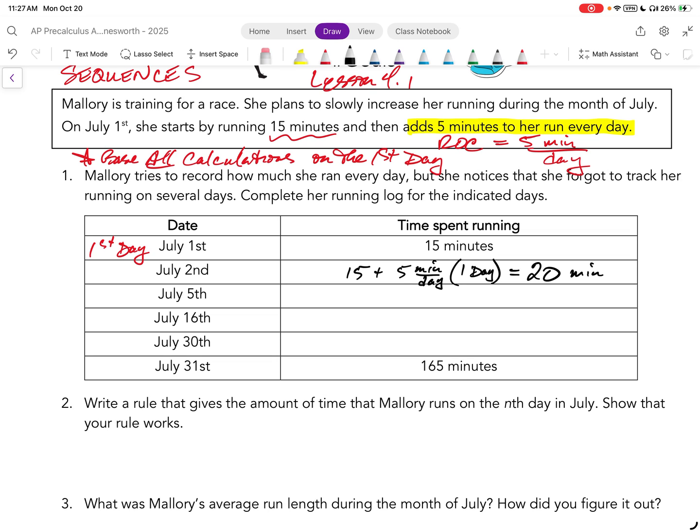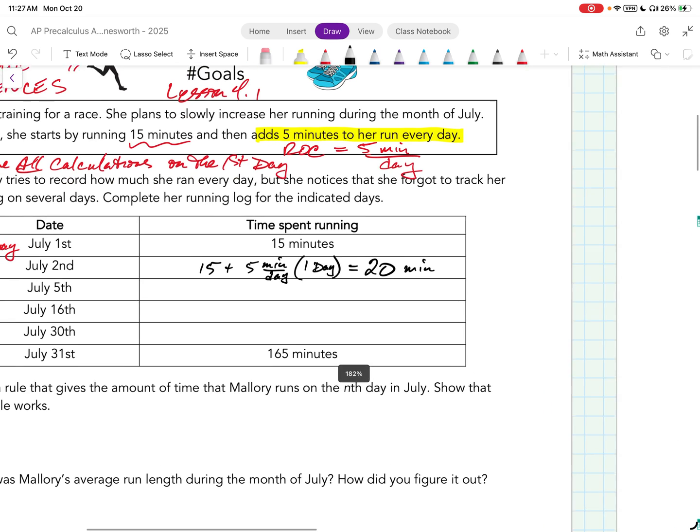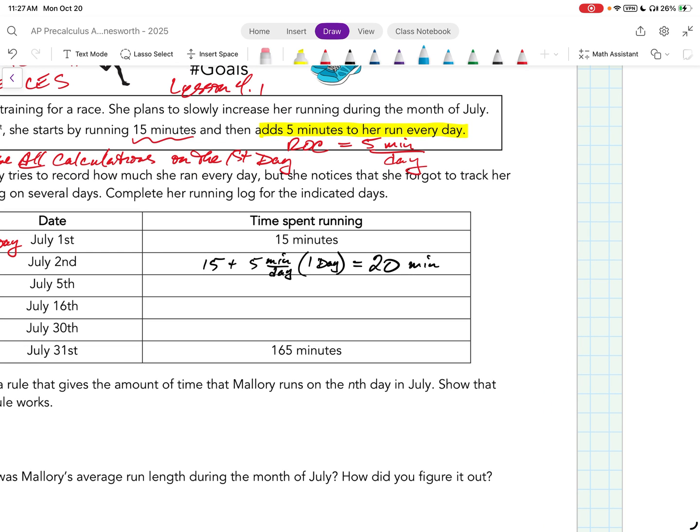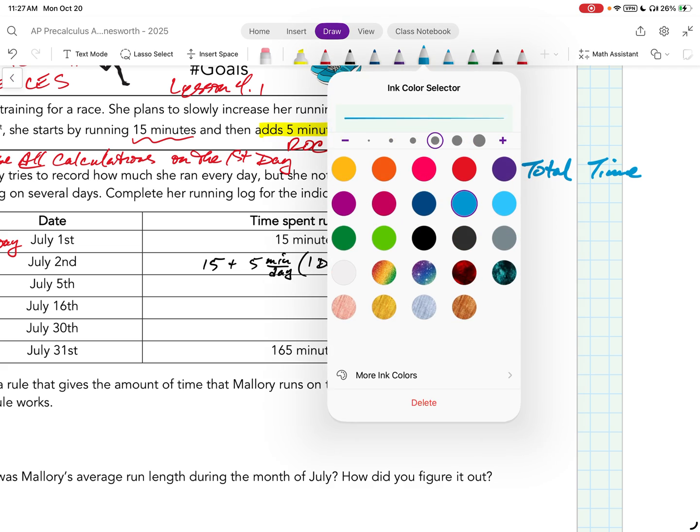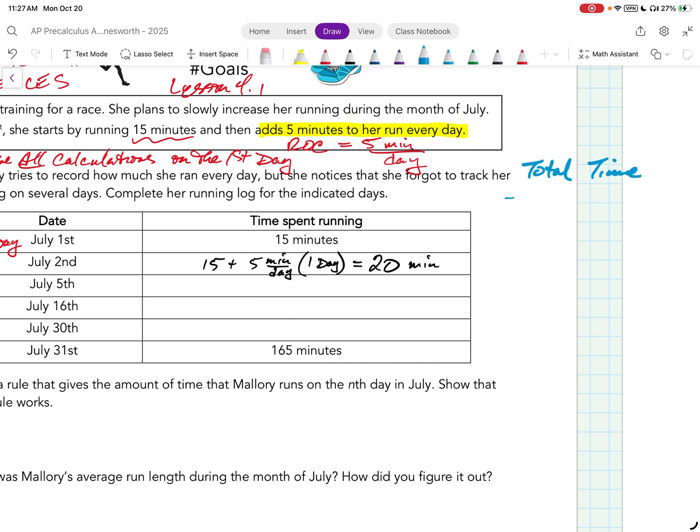So when you're using the rate of change, think simple. The rate of change, minutes per day, times the number of days gives you total time. In fact, let's go off to the side and write down that key concept. The total increase in time is equal to your rate of change times the number of days past the first.